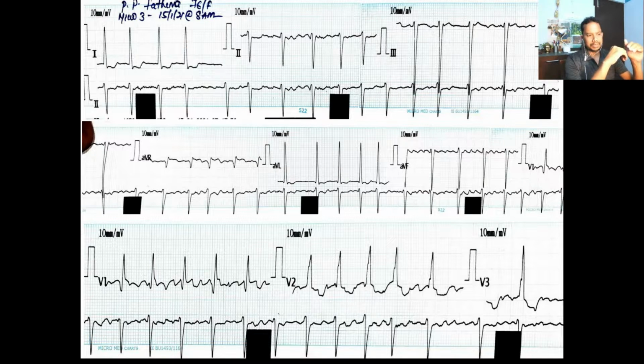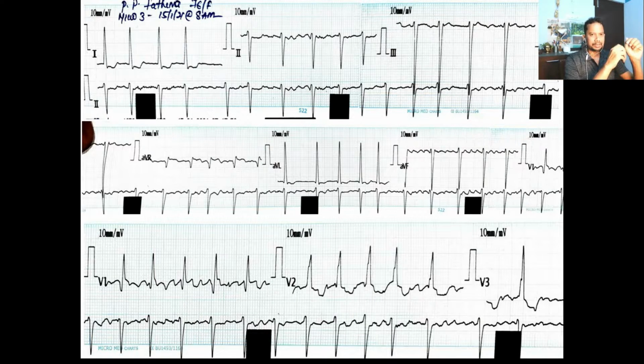But if you want to calculate accurately the heart rate in atrial fibrillation, then you have to use the method which I taught you before in the previous ECGs. So 1500 divided by the number of small squares between two RR, or 300 divided by the number of big squares between two RR, that is for a conventionally normal ECG without irregular heart rate. But if the heart rate is irregular, then you have to do this.